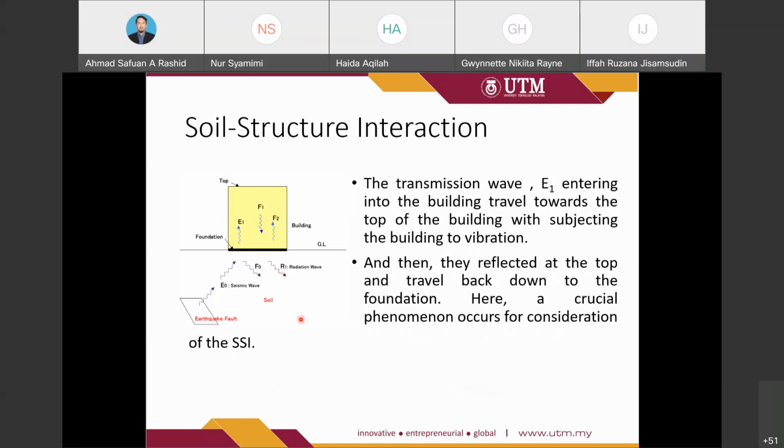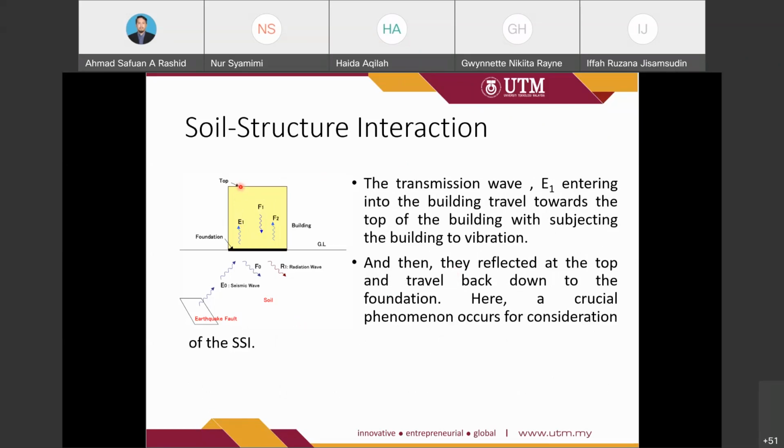So the transmission wave entering into the building travels towards the top of the building, subjecting the building to vibrate. So it goes up, and then the building starts to vibrate. Then the waves reflect at the top and travel back down to the foundation.